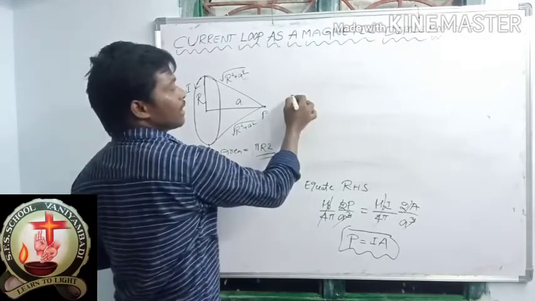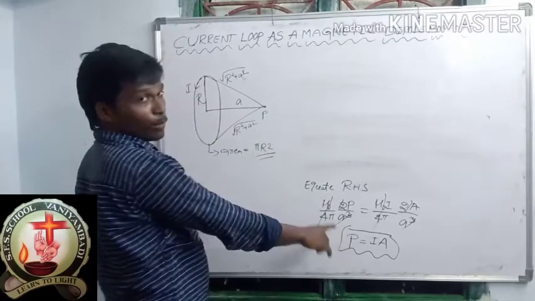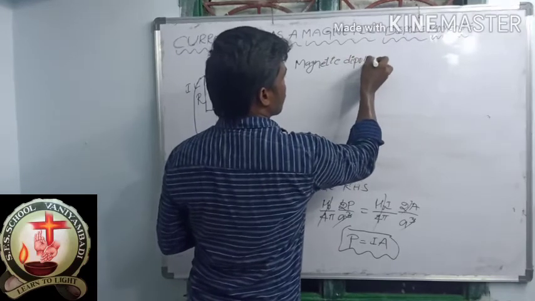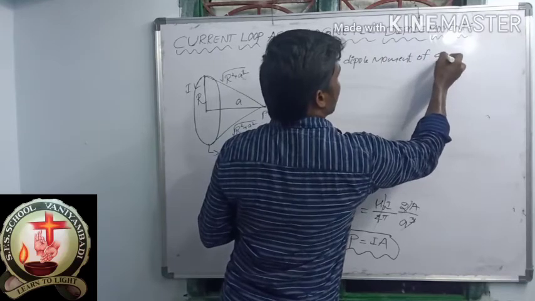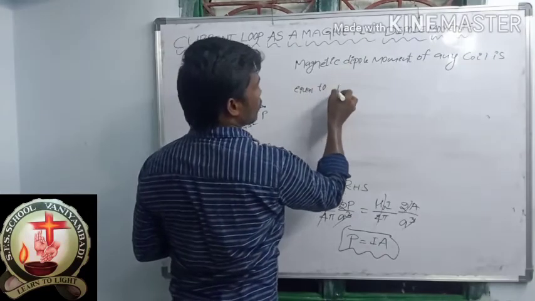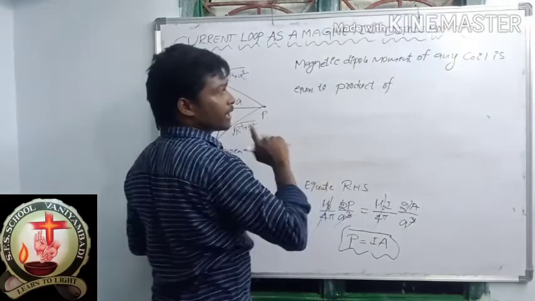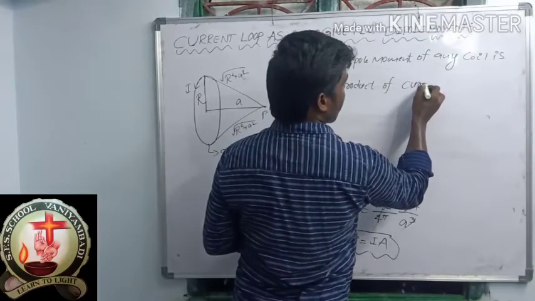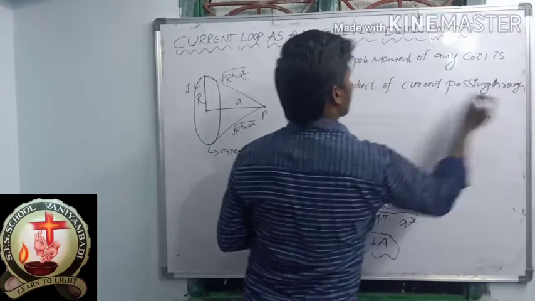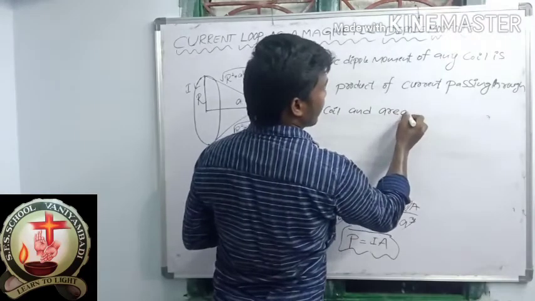Usually we should write P suffix M for magnetic dipole moment, but here we are calling it P. So magnetic dipole moment of any coil is equal to the product of current passing through that coil and the area of that coil.